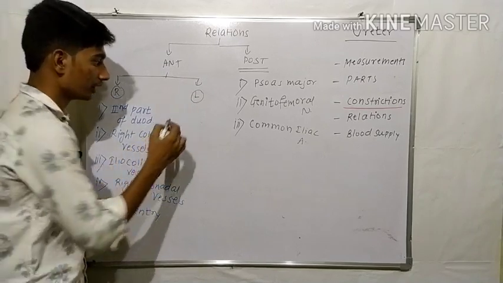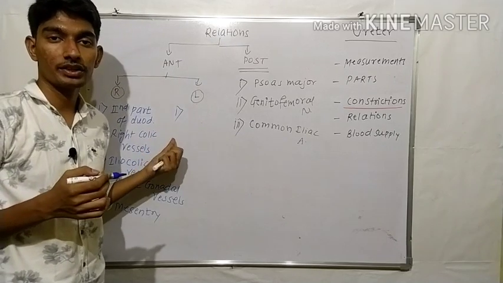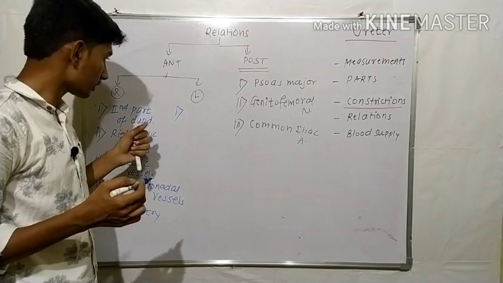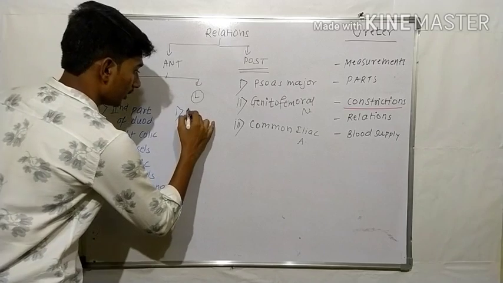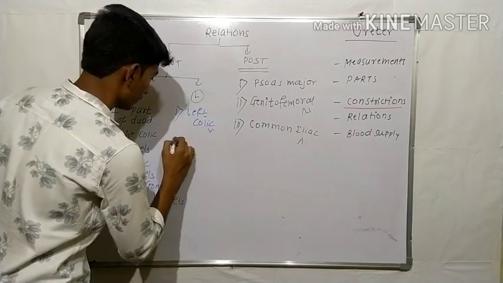Now coming to the left ureter. On left side, we do not have second part of duodenum, therefore left ureter is not related to duodenum. Then it is related to left colic vessel.